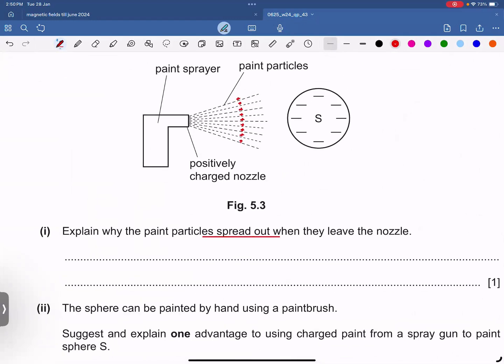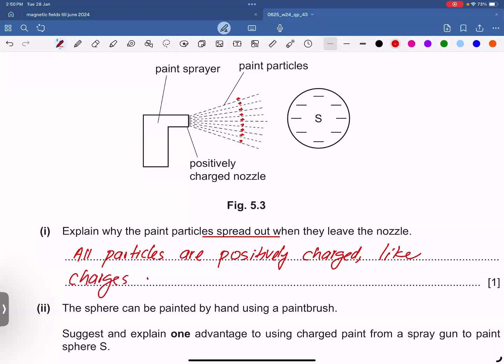All particles are positively charged, and like charges repel each other.